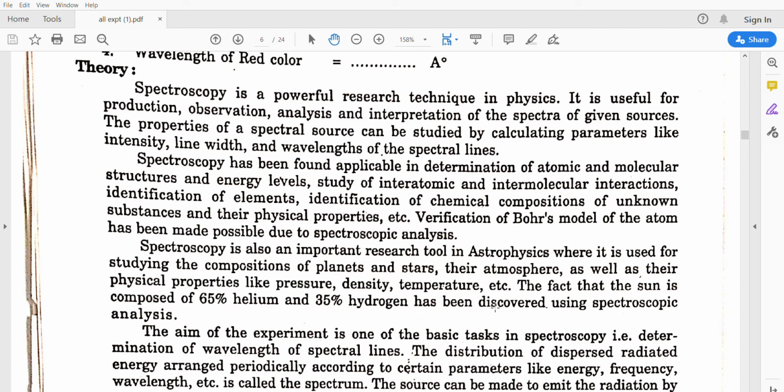Spectroscopy is a powerful research technique useful for the production, observation, analysis and interpretation of the spectra of given sources. So here we are using the spectroscopy method.